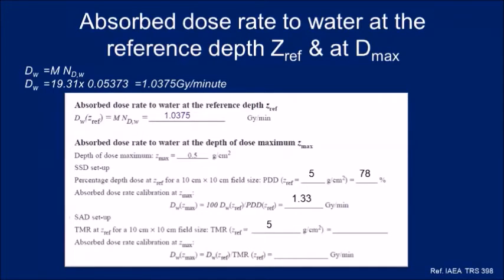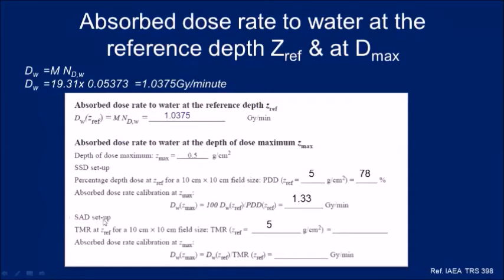Suppose I had measured at 10 centimeter, then the percentage depth dose would have been 56, which means I would be using a larger factor to correct to Dmax, which I don't want to do. So when I do the Dmax with 5 centimeter using a 78% depth dose value, I got 1.33 gray per minute, the dose to water at Dmax.